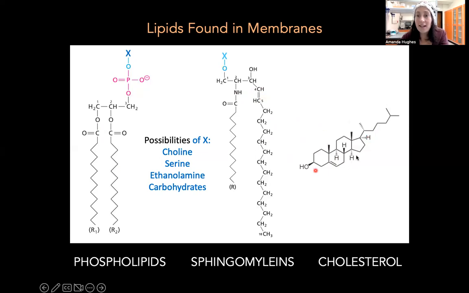And then lastly, cholesterol. Cholesterol is the last lipid that makes up membranes. It has a tiny polar head group, which is this alcohol, this oxygen right here, kind of what makes it so polar. And it has this part, which is the hydrophobic region. I was going to say hydrocarbon, but I guess it is mostly hydrogens and carbons, isn't it?